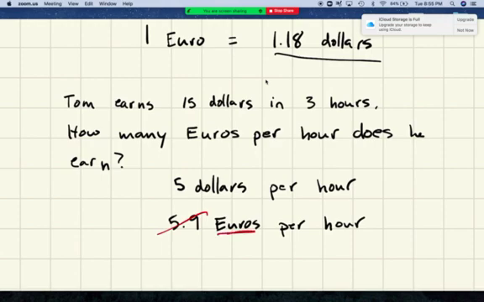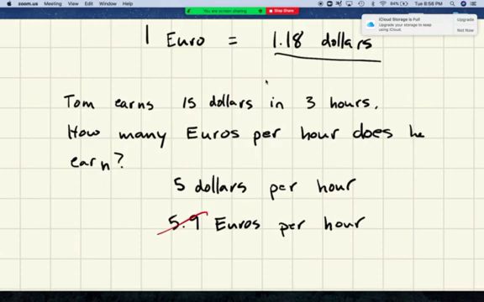So this is like the rule that I'm thinking of. The euros are less than the dollars. So then the euros should be less than the dollars here. So instead of multiplying, we should divide. But in real life, the euro is more, right? So it would be the other way around. Okay.